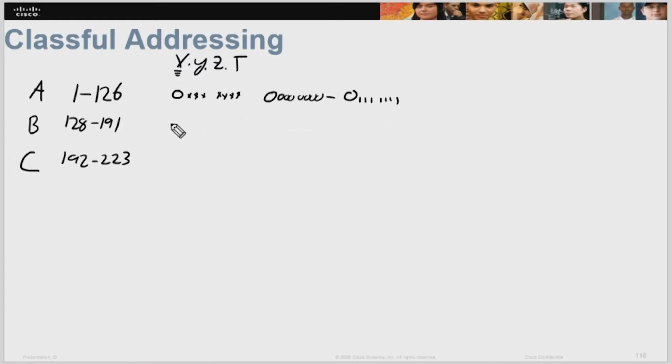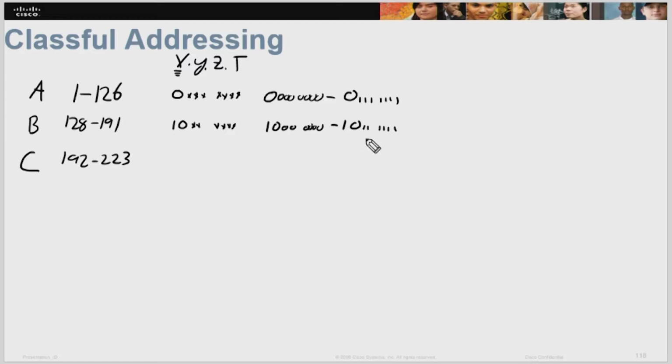The Class B address space, well, if the first bit isn't a 0, it's what's binary. So if it's not a 0, it's got to be a 1. So the definition of a Class B is if the first bit is a 1 and the second bit is a 0, again, without regard to the rest of the bits. So if the first bit is a 1, the second bit is a 0, and the rest are zeros, that's the first address in the Class B space. And then it's got to be 1, 0, 1, 1, 1, 1, 1, 1.